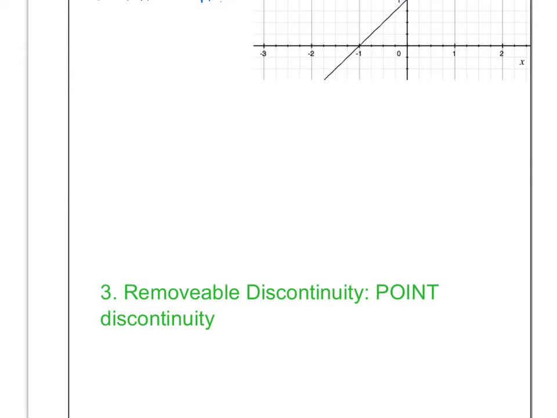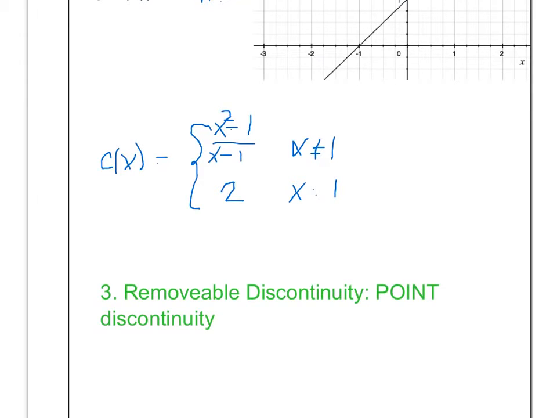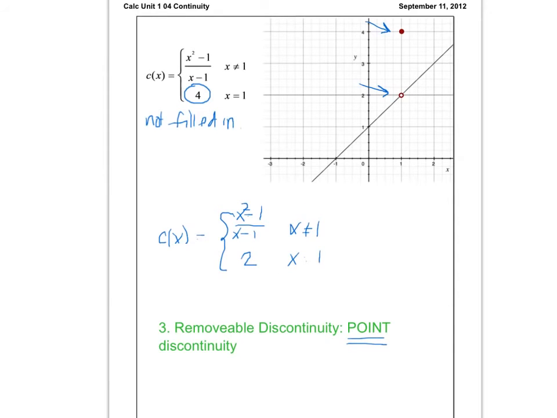A point discontinuity is in fact a removable discontinuity because I could simply rewrite the piecewise function as a correct function and give it the y value that it should have to fill in the hole. So it is a point discontinuity because we have a point at the x value of where the hole should be, but not at the y value. So that is the third type of discontinuity.